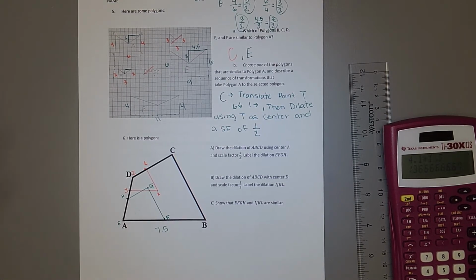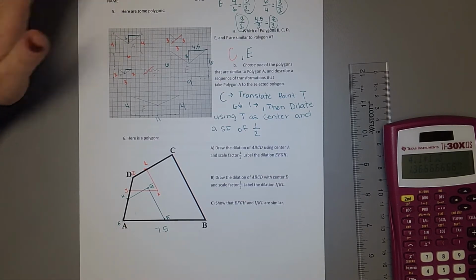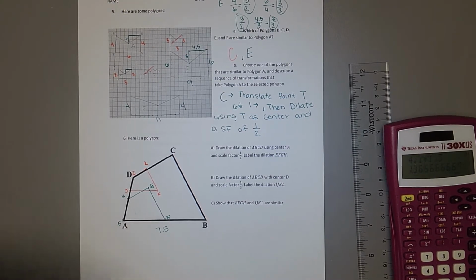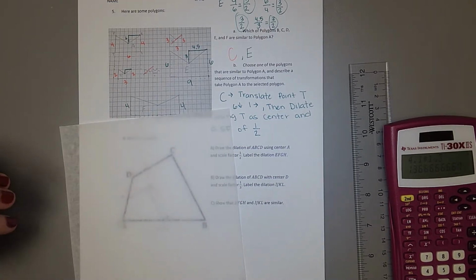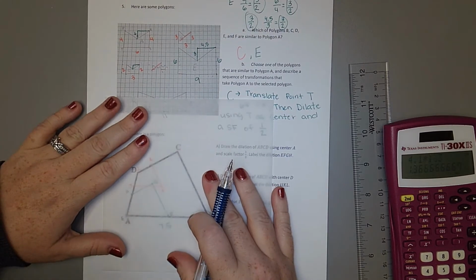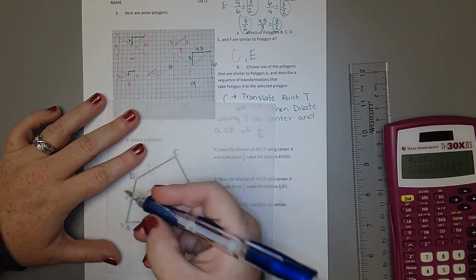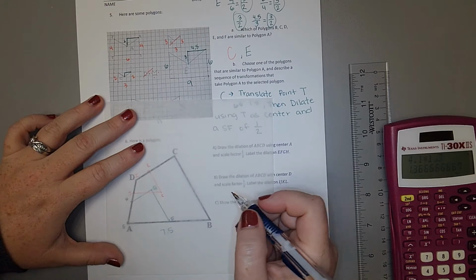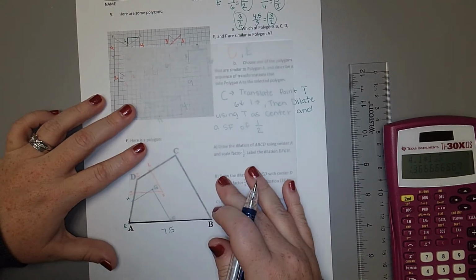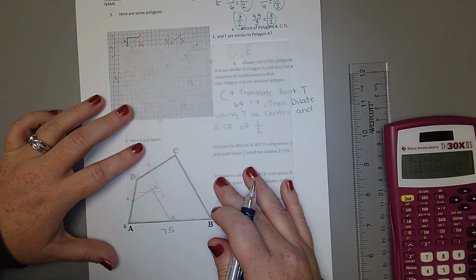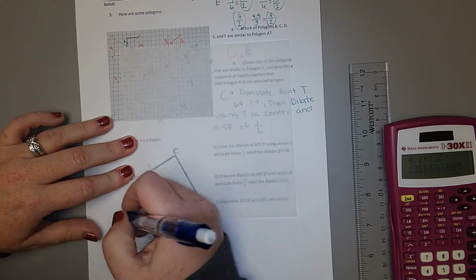Well, we can use that their angle measures are the same. And to do that, you can use tracing paper. On your test, you can ask for tracing paper anytime you need. So I'm going to put my tracing paper right in the corner.